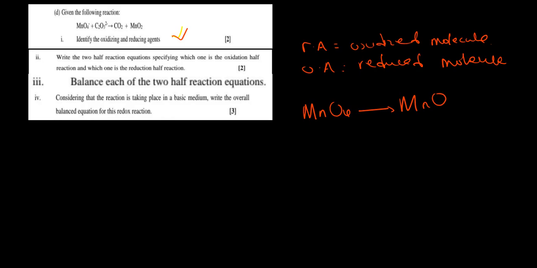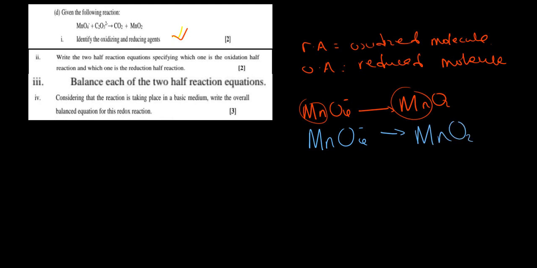I don't concentrate on oxygen, I'm only concentrating on the main species. Here it had a negative 1, here is 0, like that. So we are saying this is MnO4 negative is equal to Mn.